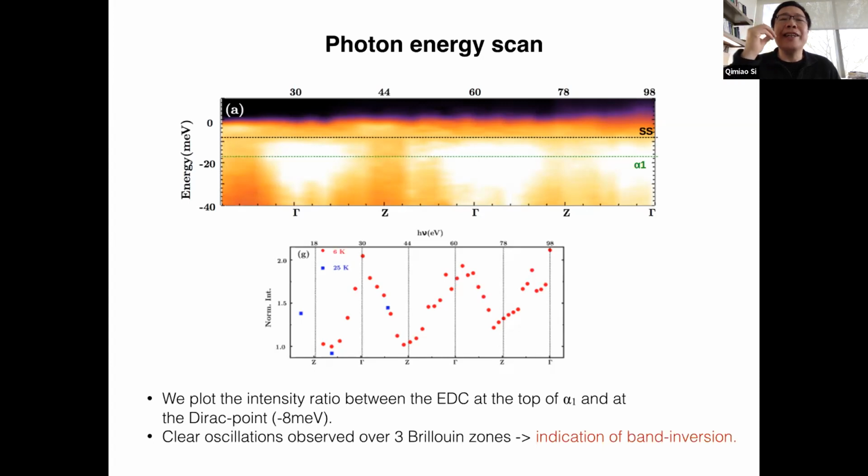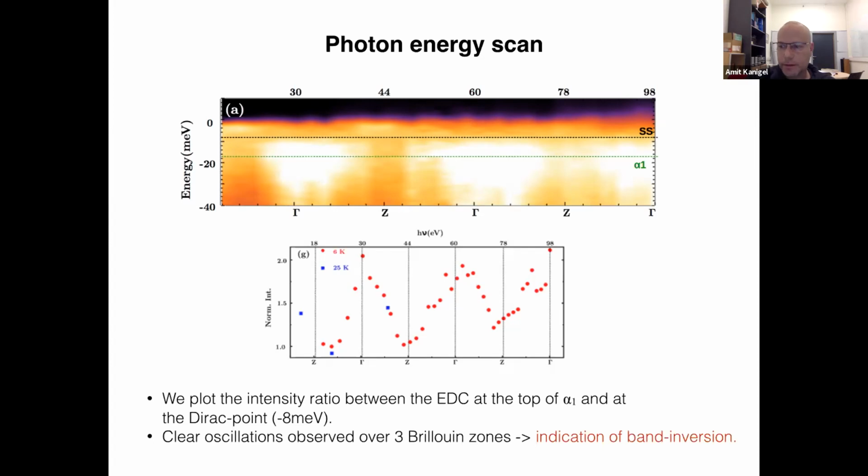Since they are not here, because the time zone doesn't allow, I was just wondering, Amit and anybody else, this nearly flat alpha 1, is that also seen in other RPES groups' data? If you don't mind commenting. For this system, for the FST? Correct, yeah, like near 50-50, which is what you're doing.